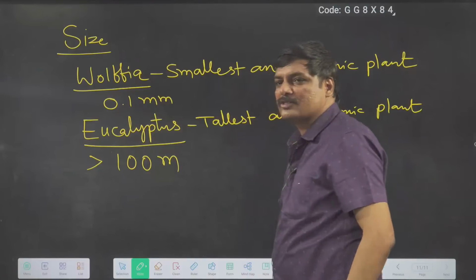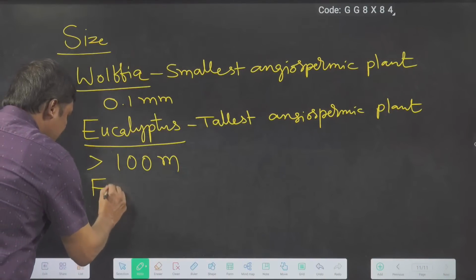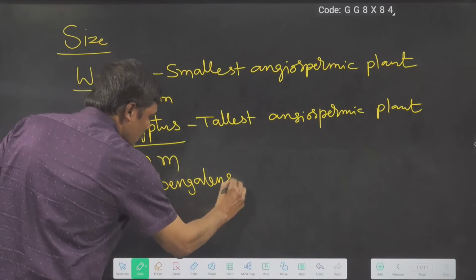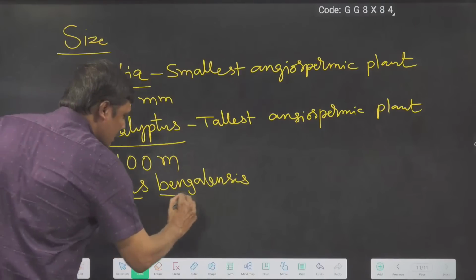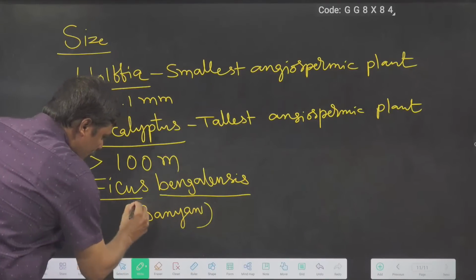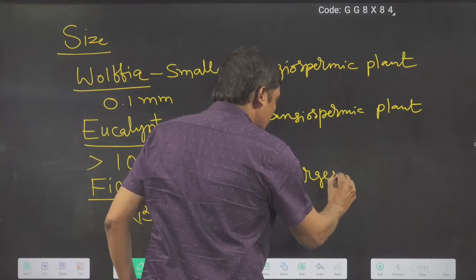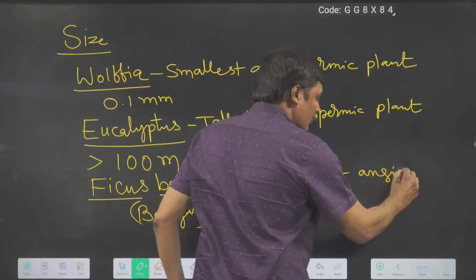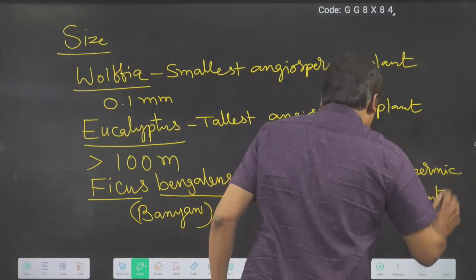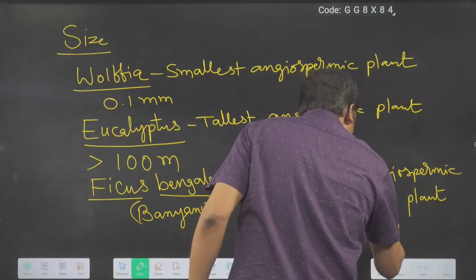This is the tallest plant. Similarly, you know, there is Ficus bengalensis, another plant, commonly known as banyan tree. This plant is the largest angiospermic plant, which may cover around 2 to 5 acres of land.